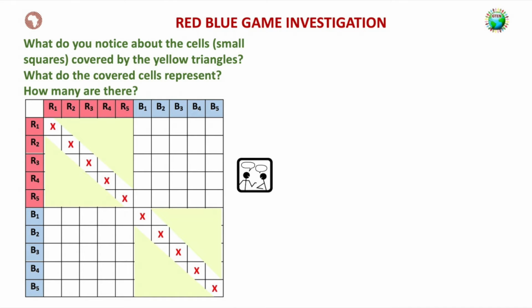So there are 10, 10, 10, 10 under each triangle, as you've said. We want to know, what is the significance of those particular little cells? What possible outcomes? Yes, but what sort of possible outcomes, Mohammed? They are possible outcomes, but are they the same?